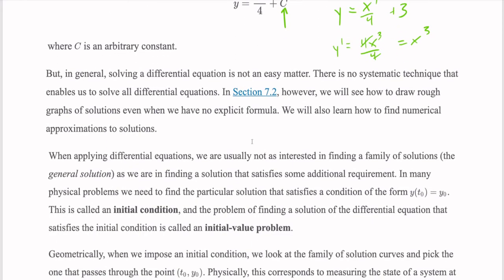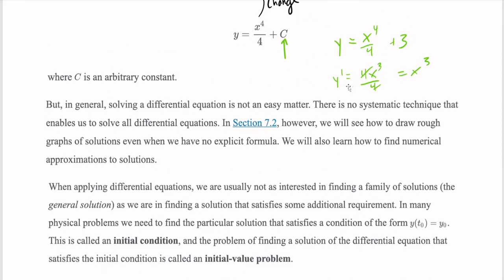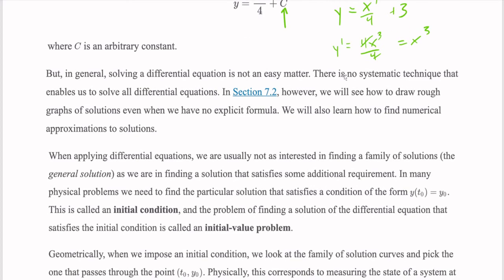Okay. Now, how do we deal with that plus c? How do we deal with actually finding one equation for this population or whatever we're dealing with? Well, you can read through here, but basically what we have to do is give something called an initial condition. And again, I'm going to keep using population because I think it's a good one to use as the example in your head.